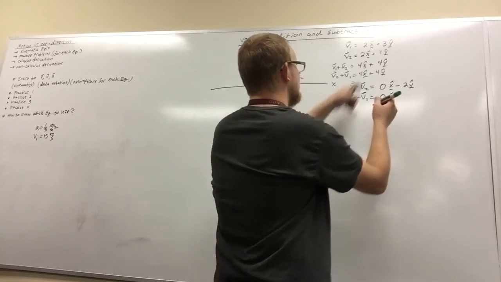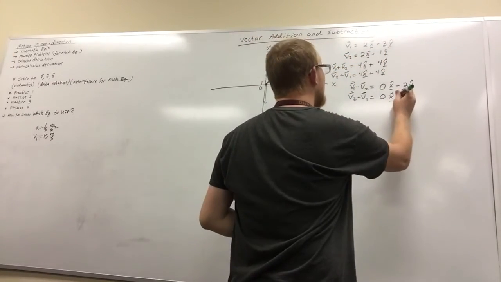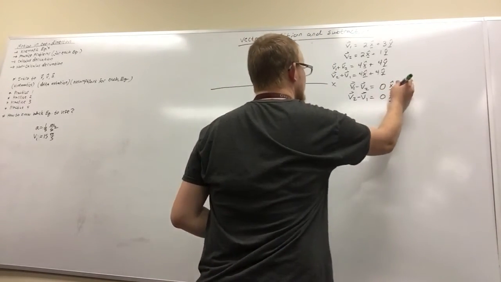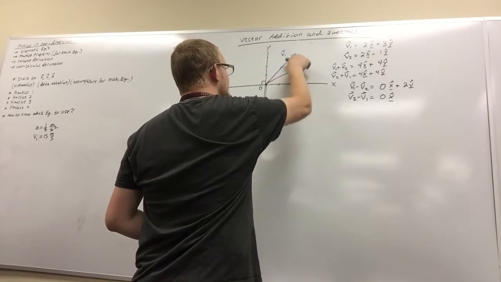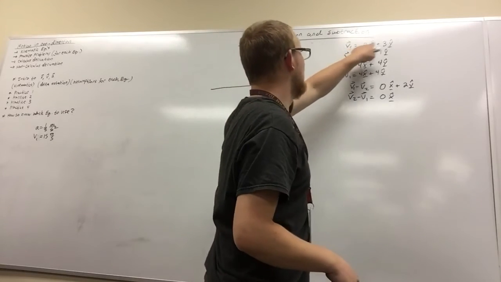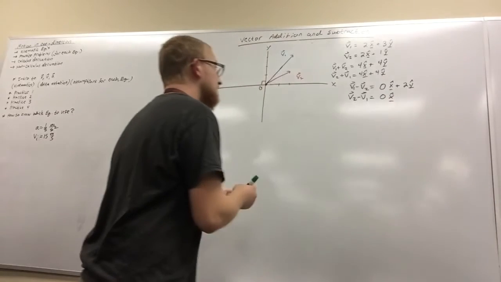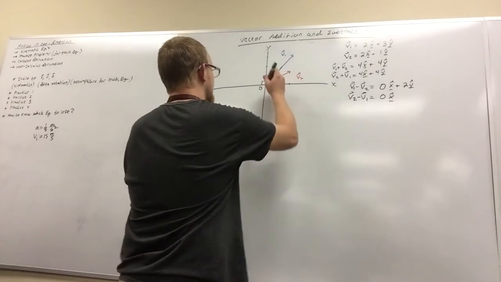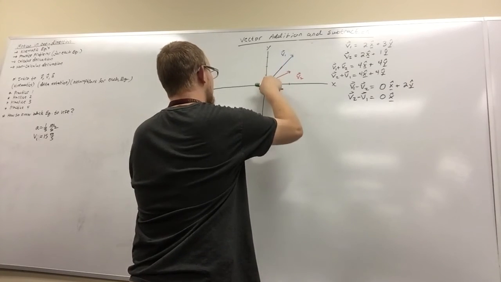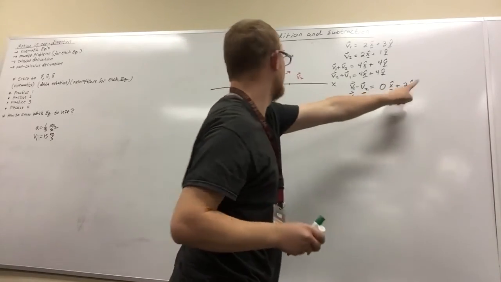This 2 minus 2 is still 0. Now we're taking V2 minus V1, so 1 minus 3. Oh, I'm sorry. V1 minus V2 was positive. I did that incorrectly. Alright, so we take V1 minus V2, that gives us a positive 2. So in fact, V1 minus V2 would be a vector that looks like this. It would be positive 2 in the y-hat direction.